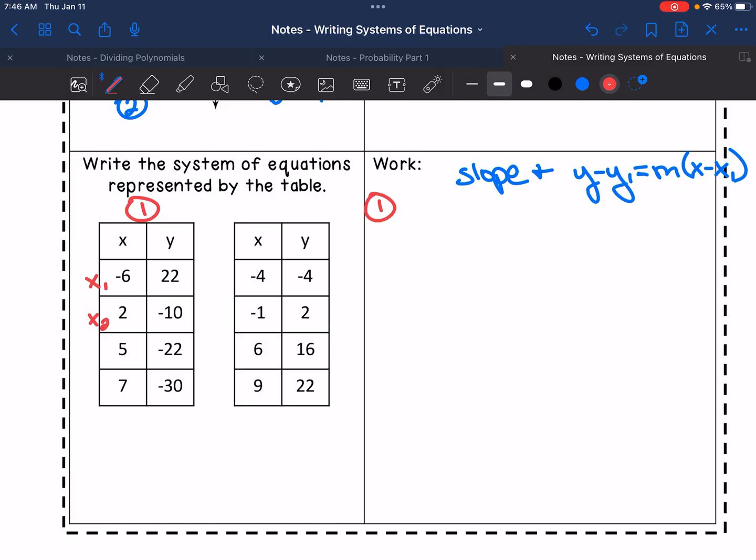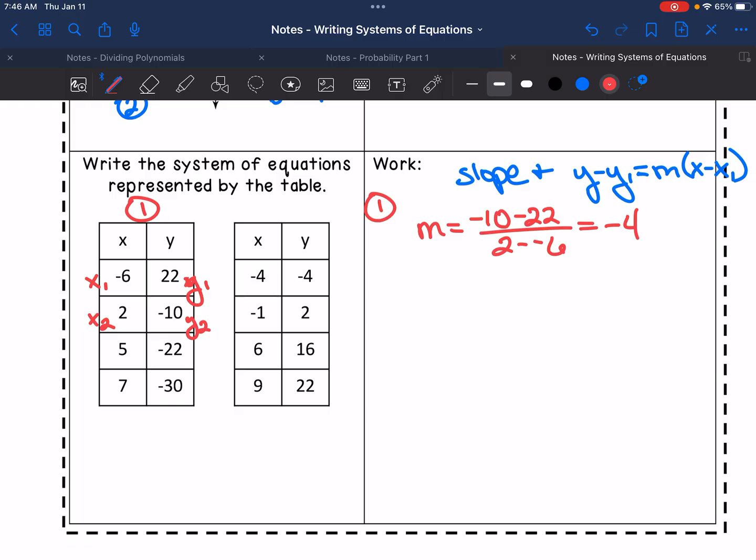Here's x1, x2, y1, y2. So to find my slope using the slope formula, I'm going to do -10 minus 22 over 2 minus -6. And remember, you can type that straight in your calculator. And that gives me -4 for my slope.